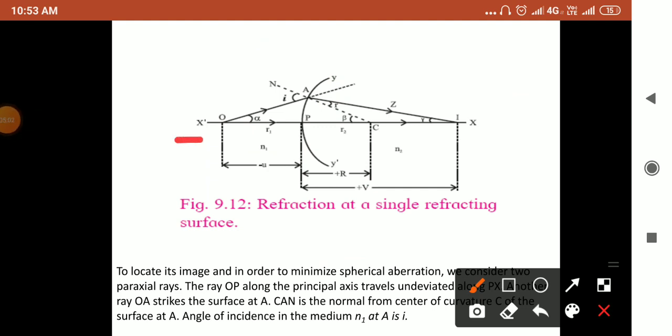Then here we have this principal axis x dash px and curved surface yp y dash.